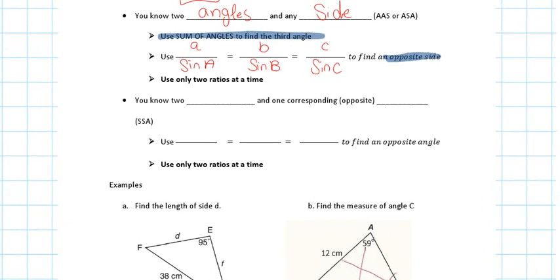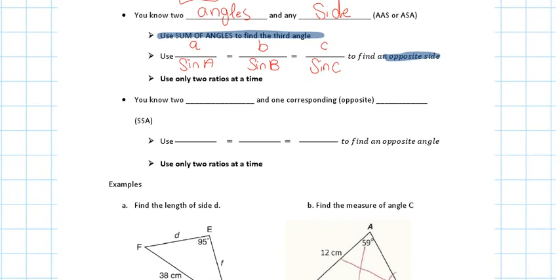The other situation is if I'm given two sides. Let's say they gave me this side and this side. Now in this case, they can't give me just any angle. It should be an angle that's opposite to one of the given sides.